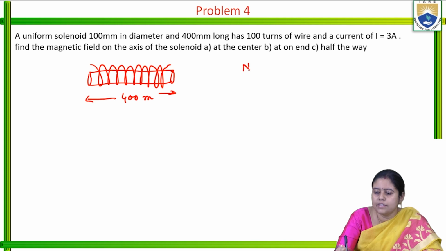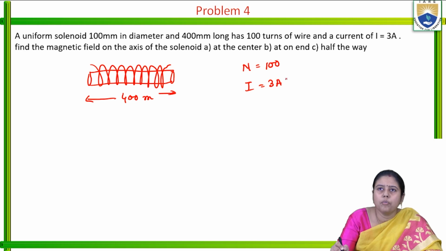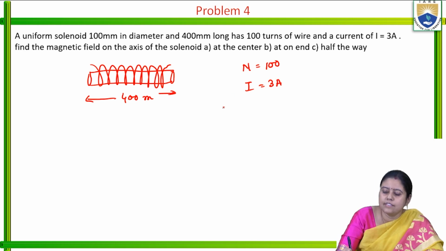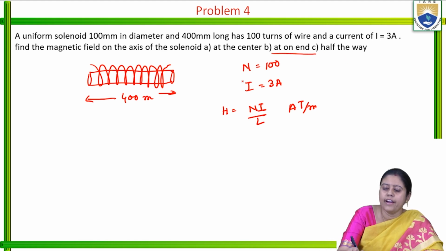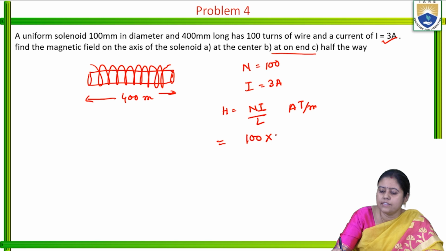and it is 400 millimeter long. Number of turns is equal to 100. Current I is equal to 3 ampere. So what is the H? H is equal to Ni by length, ampere turn per meter. So at first we will do it at one end. End means the total length. So N is 100. I, the current, is given as 3 amperes.